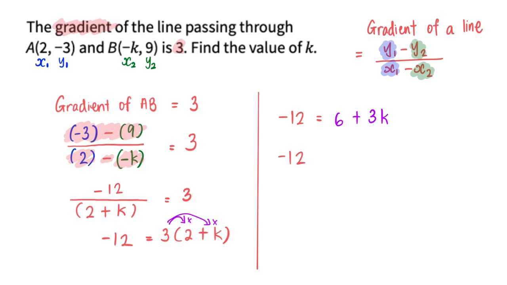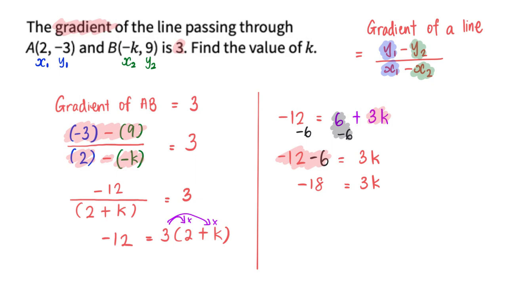So I'm going to minus 6 on both sides, so that I will have negative 12 minus 6. 6 minus 6 will be equal to 0, so don't need to consider further, and I'm still left with my positive 3k there. So continue to simplify. Negative 12 minus 6 will be negative 18 equals 3k.